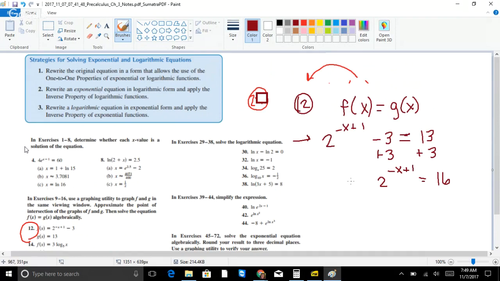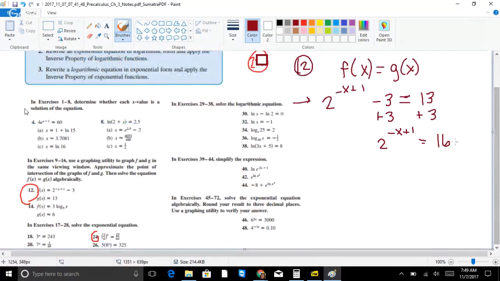Either way would work, but for this particular one, kind of something goes off in my head and says, oh, this is 16, and this is a base of 2, and I know that I can make 16 with 2 to something power. And so I know that I can make 16 as 2 to the 4th power. And that helps me because I don't have to deal with adding a logarithm in.